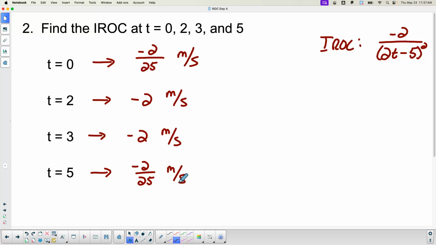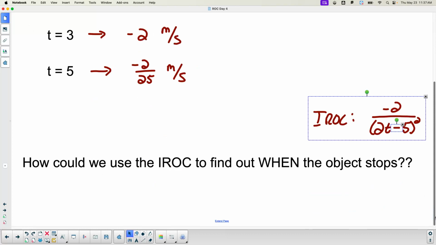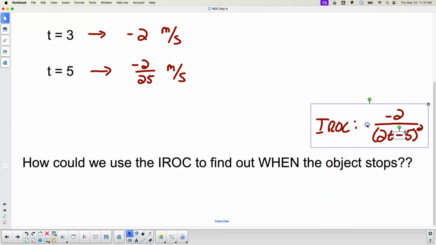Follow-up question. When does the object stop? When it equals 0. Okay, when does it stop?